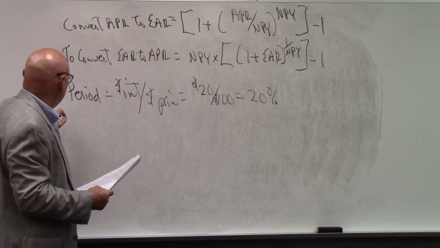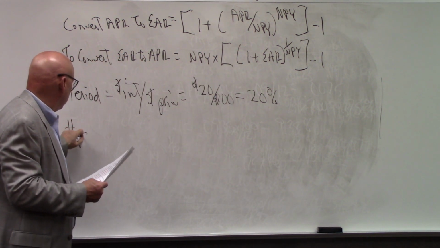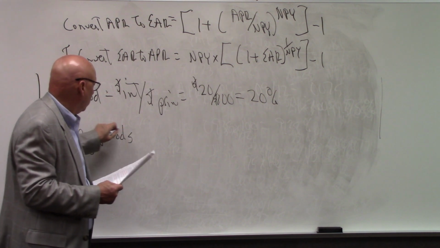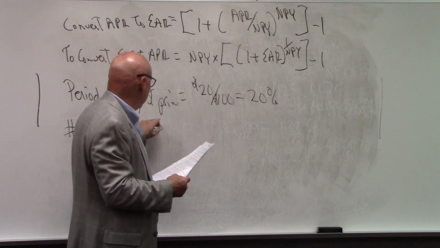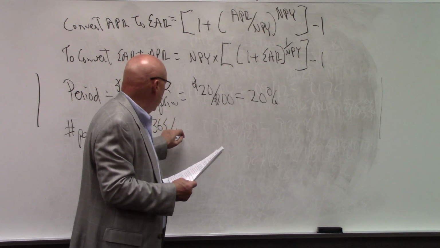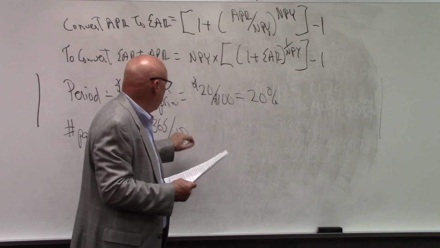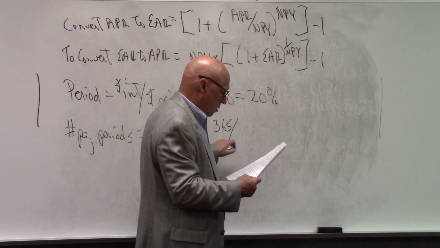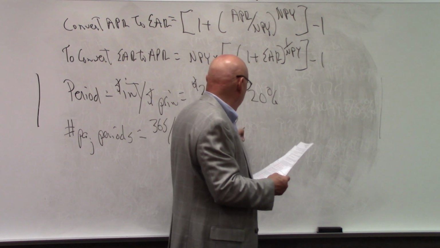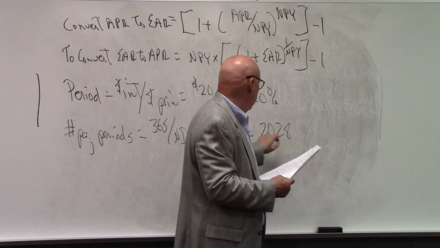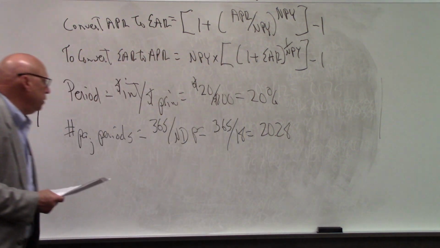Okay? The number of pay periods equals 365 days in a year divided by the number of days per period, which is 365 divided by 18 days, which is 20.28. Number of pay periods.